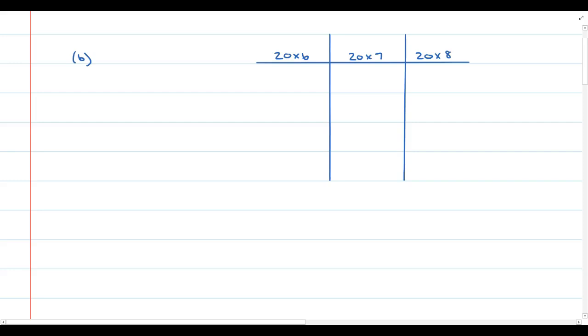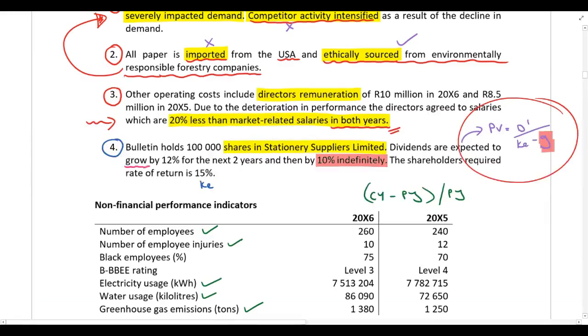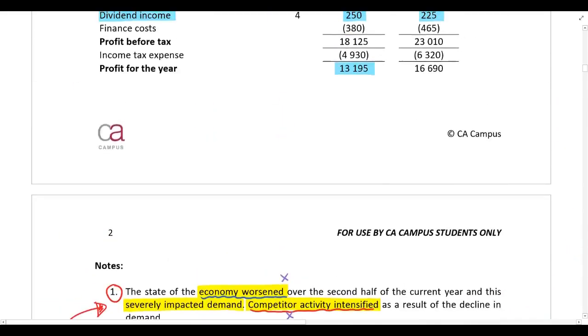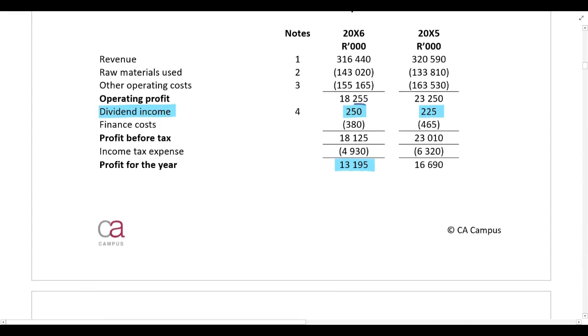It's also important to note we won't include any cash flows for the 20x6 year. Because remember, when you are performing a valuation, the value of something is always the present value of your future cash flows. So the 20x6 year is the current financial year. So that's definitely not a future cash flow. We know during the 20x6 financial year, they received a dividend of 250,000 Rand. That is a current cash flow. It is not a future cash flow.